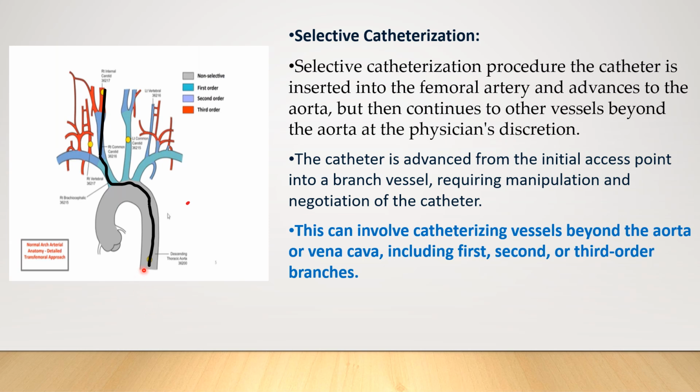So, in the selective catheterization, my catheter from the femoral artery comes into the aorta, but it doesn't remain in the aorta. It has taken this particular branch and then it has gone till here, and that is called as a selective catheterization, where the catheter has not remained in the aorta, but it has taken this particular branch.